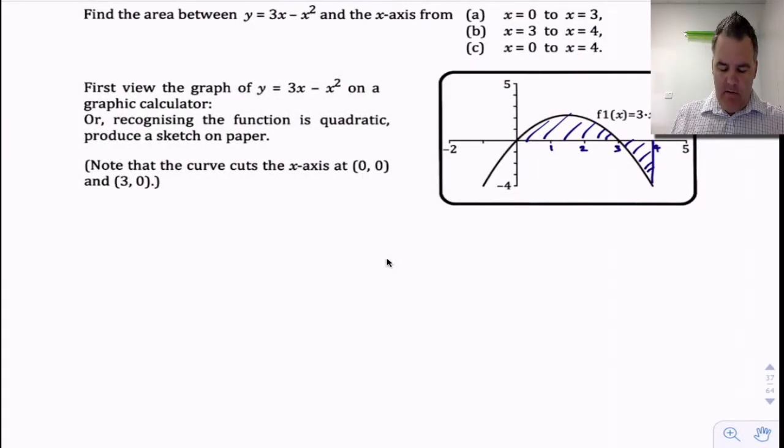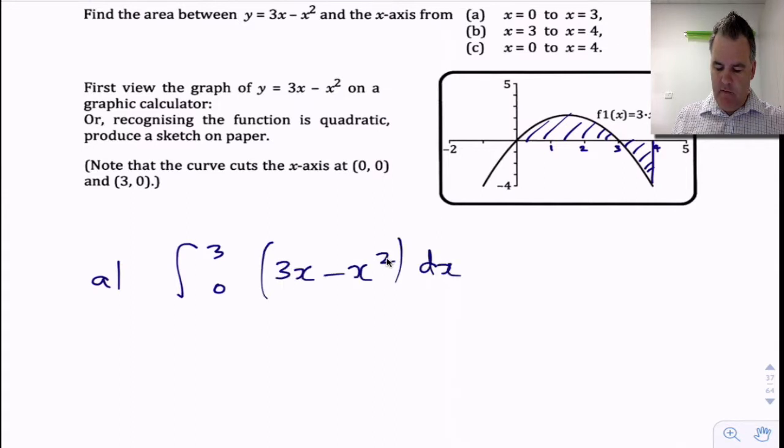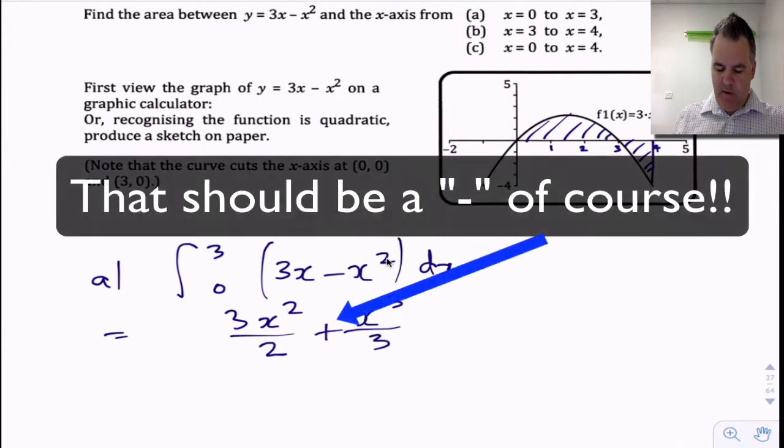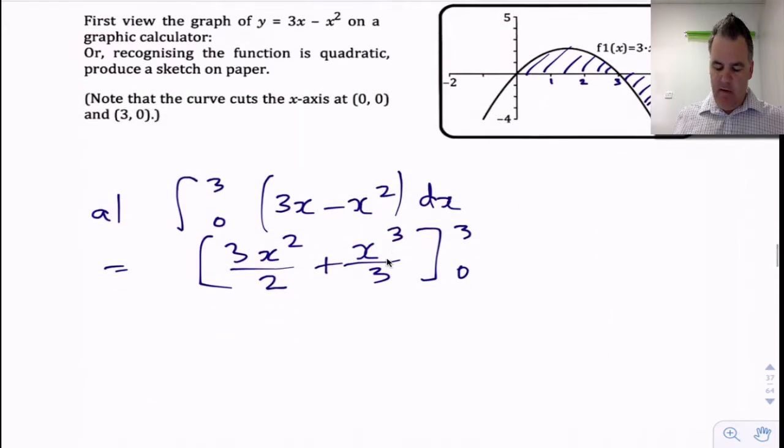The area is going to be the integral from 3 to 0 of 3x minus x squared dx. Okay, so we do the antiderivative, which looks like that, and we want to work out the area between 3 and 0.